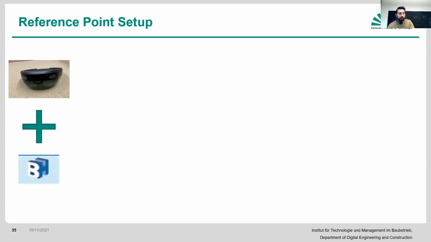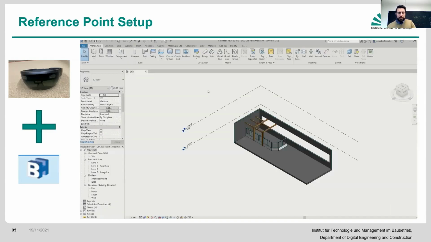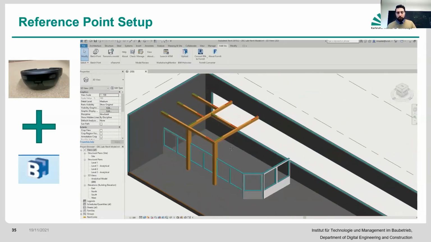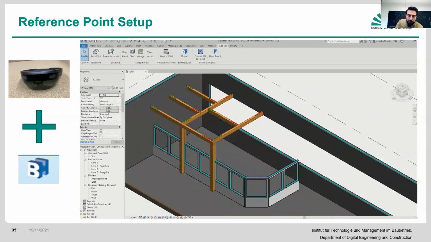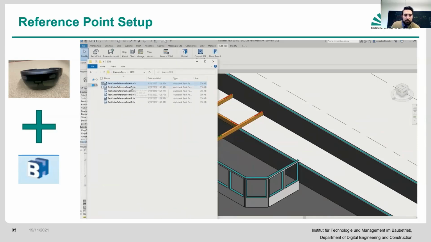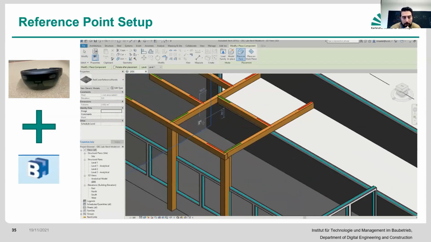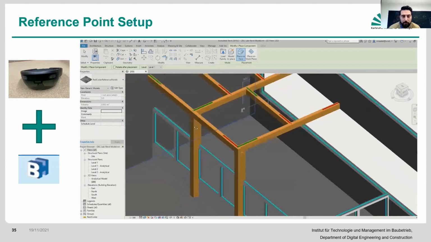So this here is an app called BIM HoloView, if I'm not mistaken. With this, the first part is that you have to install the BIM HoloView plugin inside of your Revit. Then you have to find these reference points and place them there.